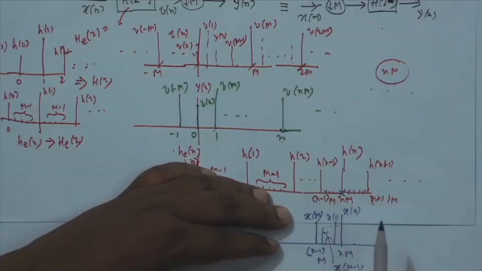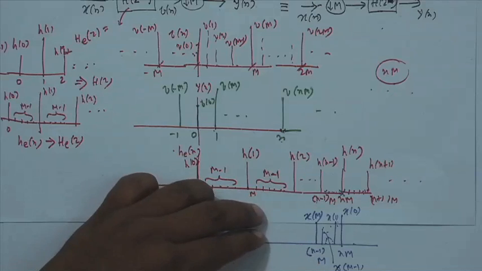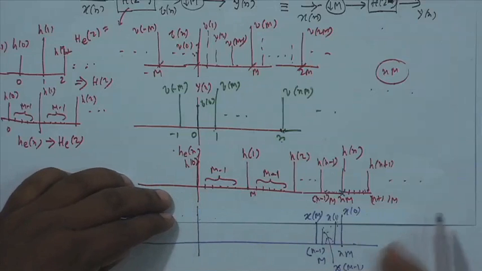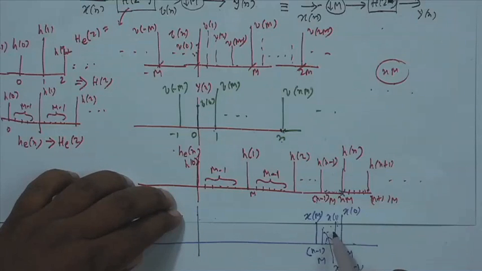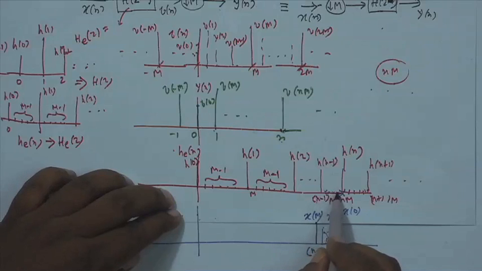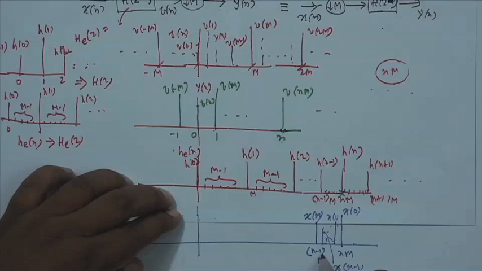Then at (n minus 1) times M, who comes? The Mth guy, because at nM, x[0] has come, it is flipped. So, x[1], which was earlier to the right, has come to the left, then x[2], then x[3]. How many points? First M minus 1 points correspond to M minus 1 zeros, then one more point. So, that point is (n minus 1) times M, that is nM minus M. So, there x[M] comes, then again some samples, I do not care.